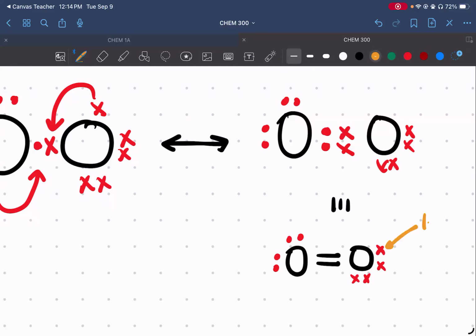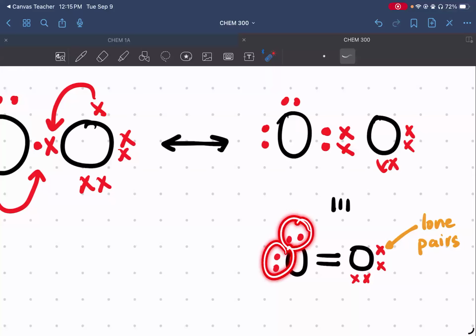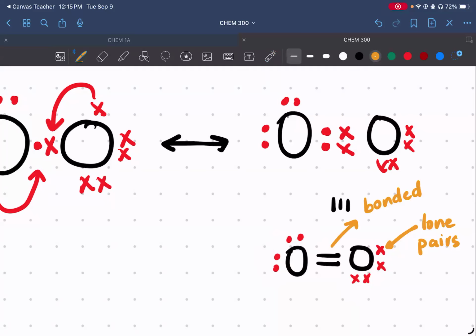The electrons on the outside are known as lone pairs. We traditionally pair electrons together. It sounds like I'm saying the fruit pear, but P-A-I-R is what I'm trying to say. So we would say that there are 2 lone pairs on each oxygen atom. And the ones in the center are known as bonded electrons.